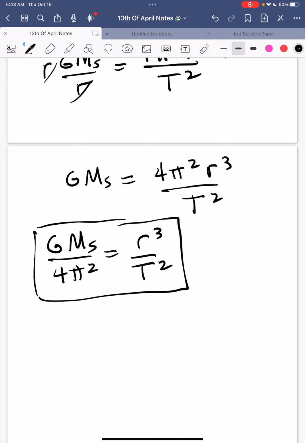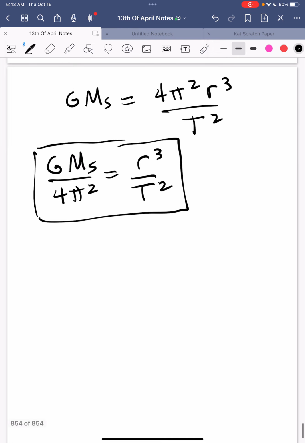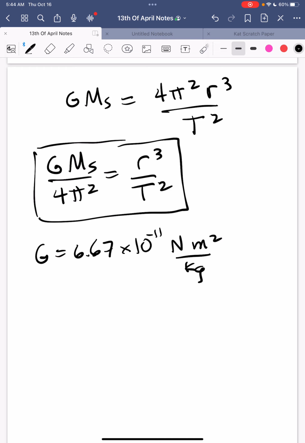And so this says for any planet whatsoever, I can have this relationship between r cubed and t squared. It'll always be constant because the things over here, G is a constant. As I said before, I'd mentioned it, 6.67 times 10 to the minus 11th newton meters squared per kilogram squared.